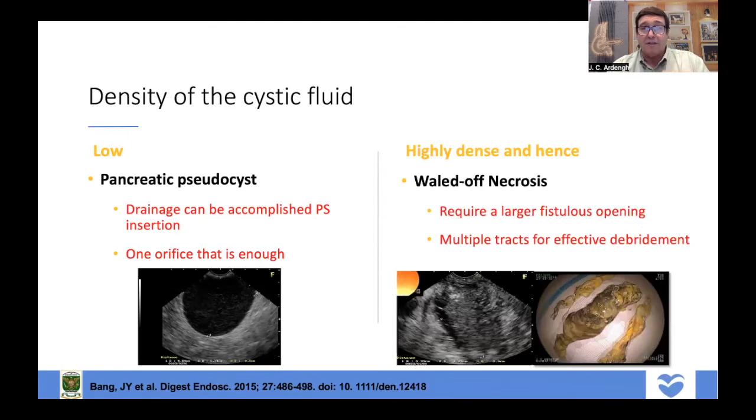Or if the fluid is higher and denser, as in this image obtained by EUS, the drainage must be more aggressive, requiring the opening of a wide fistula or the creation of multiple holes for effective drainage.